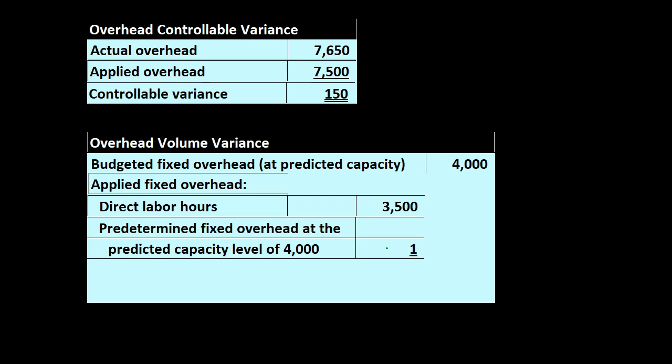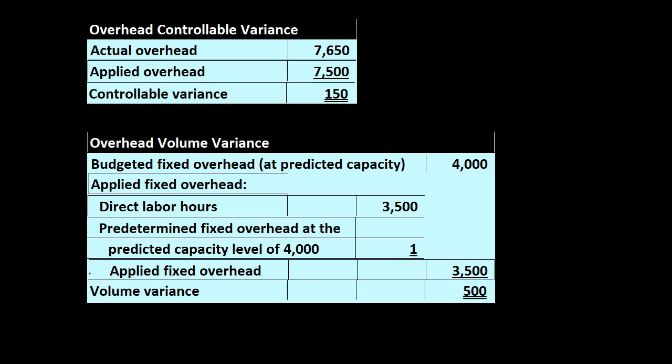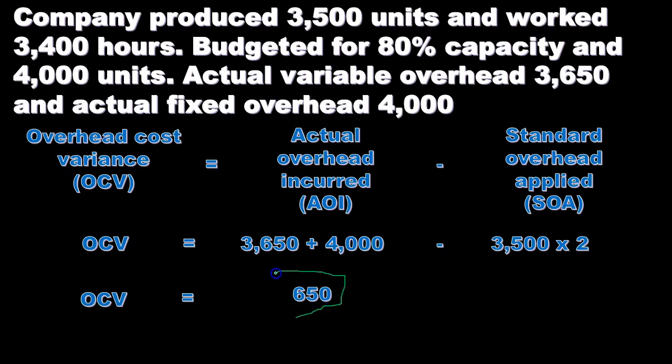We're only looking at the predetermined component here at the 4,000 that we had determined it to be, the capacity level we determined it to be, which is $1. And so therefore the 3,500 times the $1 is 3,500. That's the applied fixed overhead. The difference between the 4,000 up top and the applied fixed is the volume variance, 500. 500 plus the 150 is the 650. That's going to be the total variance, which we saw calculated here.